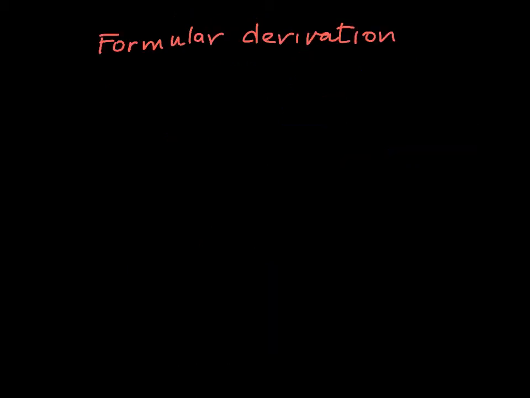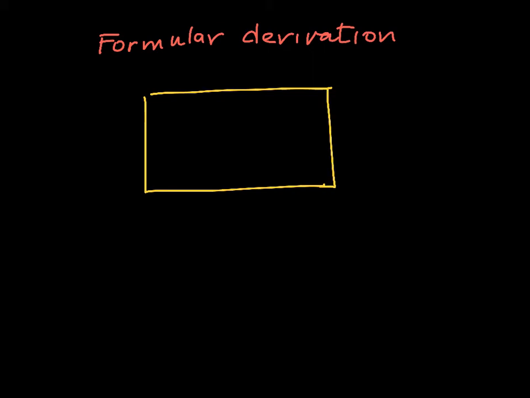Sometimes the formula to use to find an unknown variable is unknown, and we can derive such formulas. So let's take, for example, looking for the perimeter of a rectangle. A rectangle is a quadrilateral just like the square, but it's different in that it's got two sides that are different.